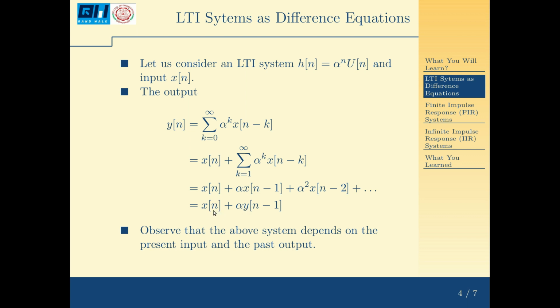So this is x[n] plus alpha y[n minus 1]. Now you can see that in this system, the output depends not only on the present input, it depends on the past output also. So that means the past output should be stored somewhere, or in other words, there is a feedback connection from the output to the input.